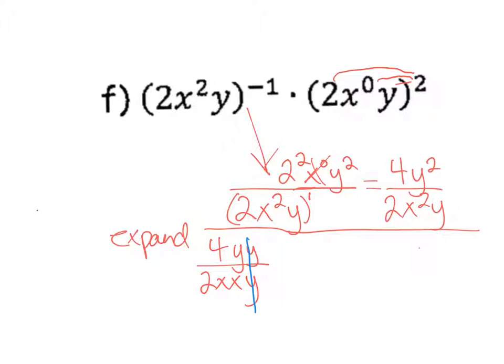These y's can cancel out each other. What about 4 and 2? 4 over 2. Here's your real final answer. 2y over x squared.